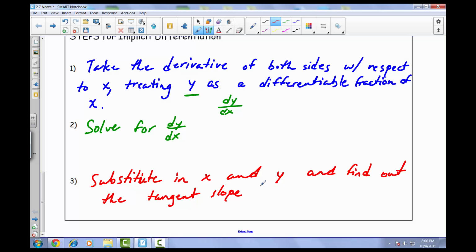So you're again finding the tangent slope for that specific point. And then from that, you can find the equation of your line.